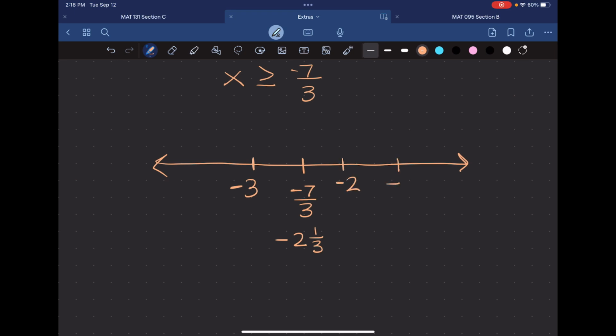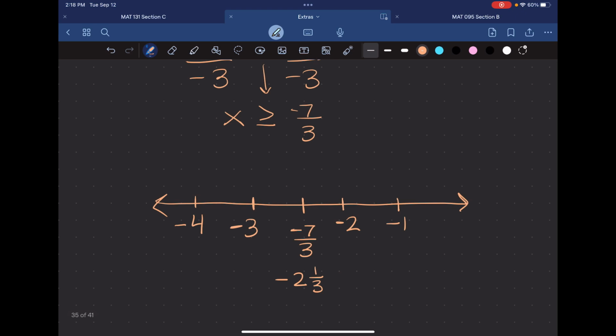And I can put some more numbers as well if I want. And now if I'm trying to indicate all numbers that are greater than or equal to negative 7/3, I will bold in right at negative 7/3 because I can be equal to it. And then I will bold in all the numbers greater than as well.